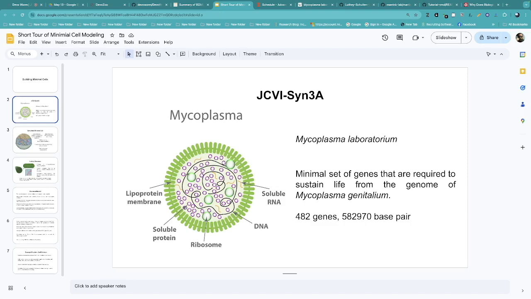So if you look at this picture, we see all the constituents of this type of cell. It's basically a vesicle with a lipoprotein membrane, with soluble proteins inside, these purple balls. The ribosome is this bigger green ball. You have these black things that are twisted around here. This is the DNA.